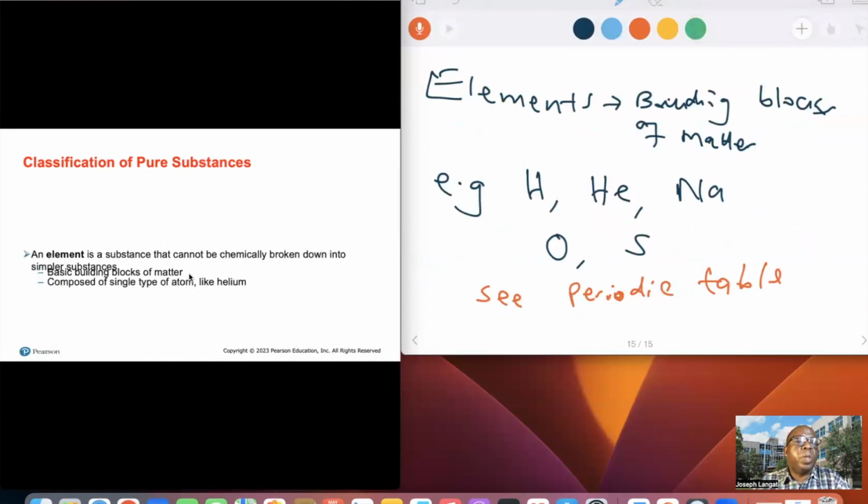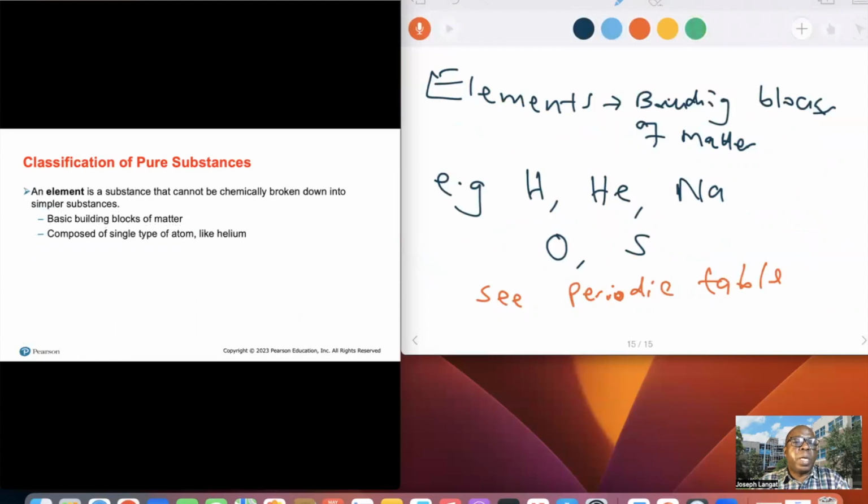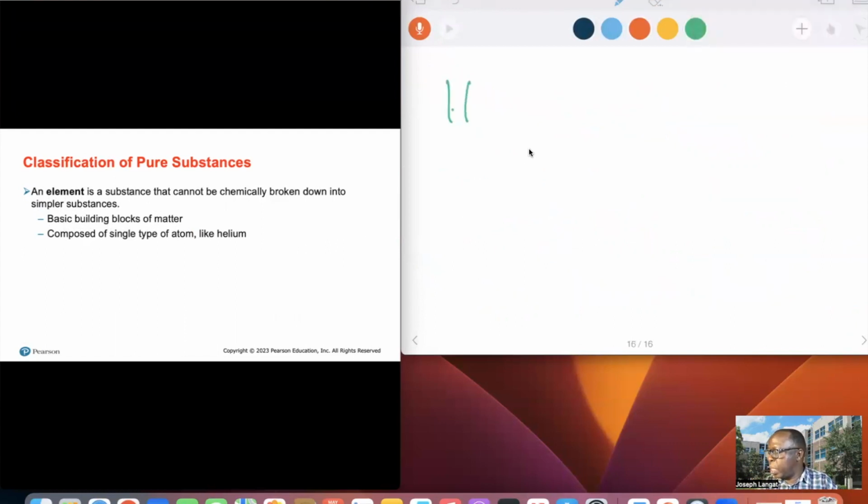But elements you cannot chemically break down into simpler substances. They are the basic building blocks of matter. That's what matter is. What we mean by that is we can build H2O from oxygen and two hydrogen atoms.